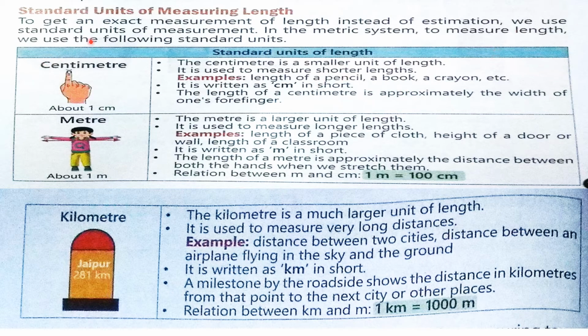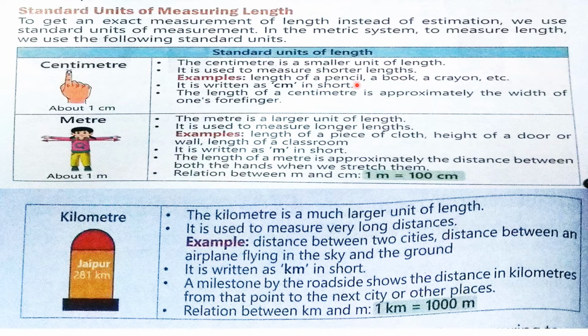We use standard units of measurement in the metric system. To measure the length, we use the following standard units. The first one, the smallest one, is centimeter. Centimeter is written cm as a short form. Centimeter is a smaller unit of length, and it is used to measure shorter lengths.